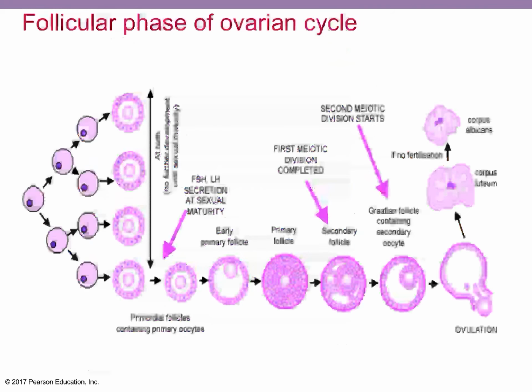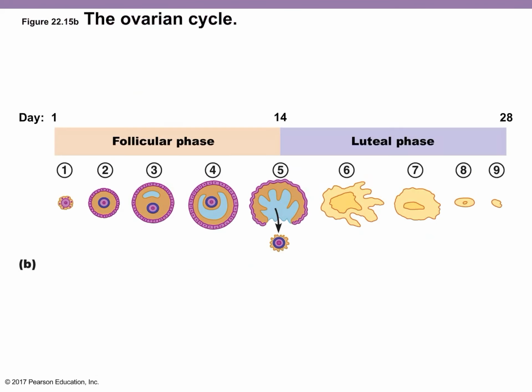The secondary follicle, so let's take a look at perhaps this picture. This is our primordial follicle. This is our primary follicle. This is going to be our secondary follicle. In a secondary follicle, the granulosa cells on the outside are going to start to develop into thecal cells. The thecal cells are going to start to secrete androgen, actually.